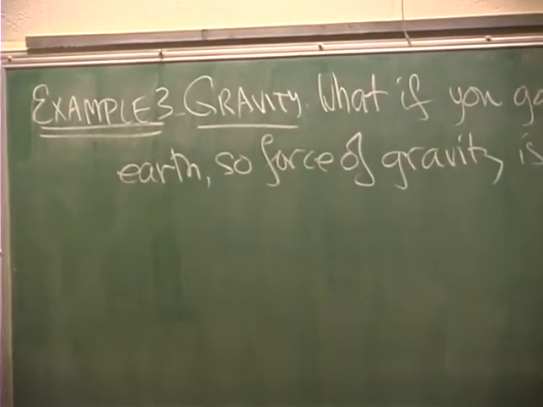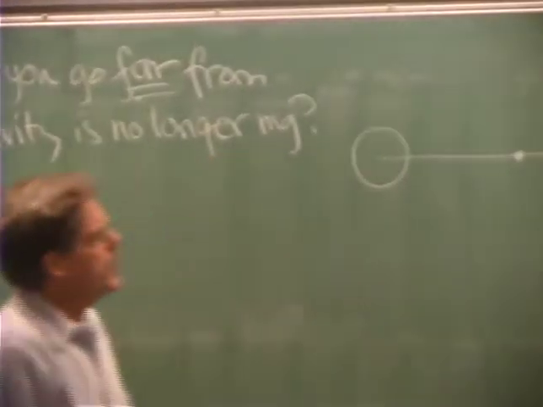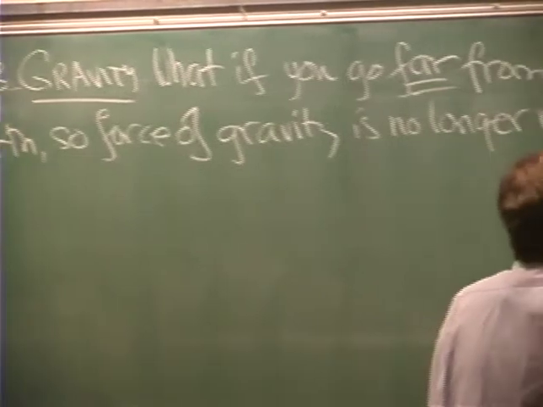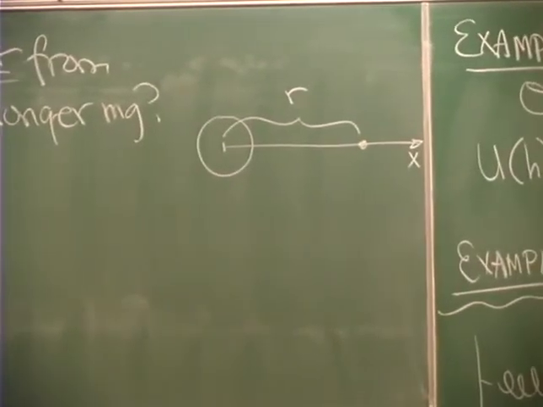here's the Earth. And now I want to go way far away. Let's let that be the x-axis. And I'm actually interested in knowing what's the potential energy if you're way out there, let's say at a distance r from the center of the Earth.